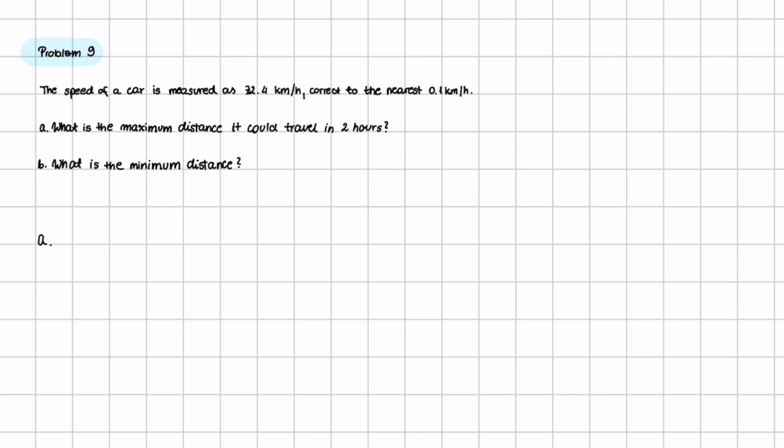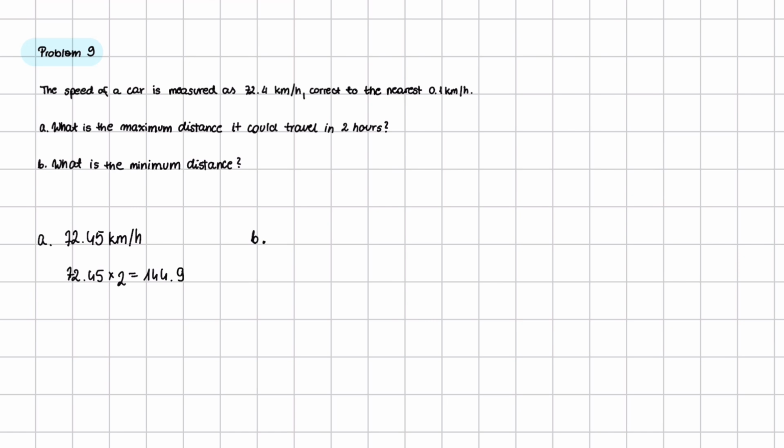And the maximum speed of the car, because we have our answer corrected to the nearest 0.1 kilometers per hour, is 72.45, not included, kilometers per hour, so it is speed per hour, and we have 2 hours, so 72.45 times 2, and it is 144.9.